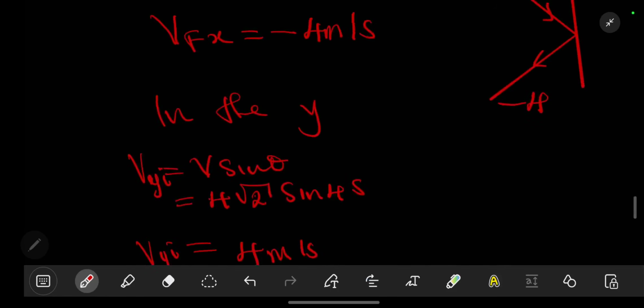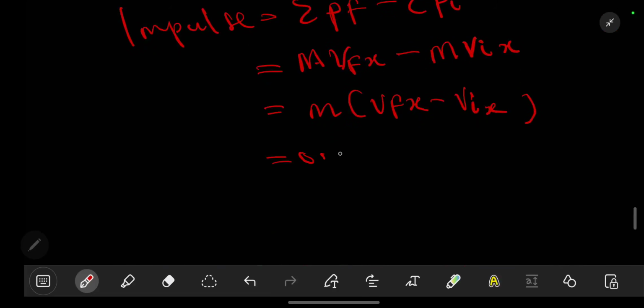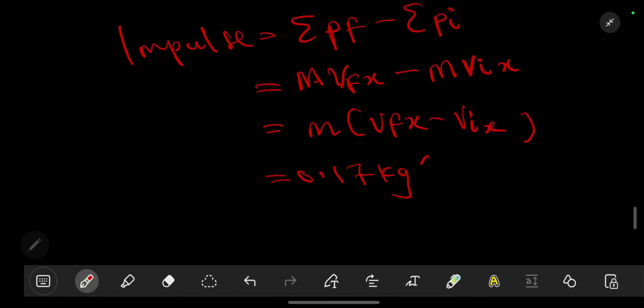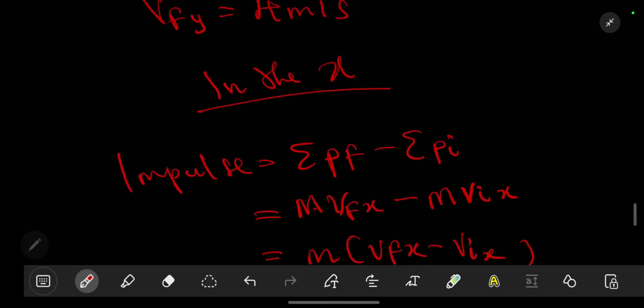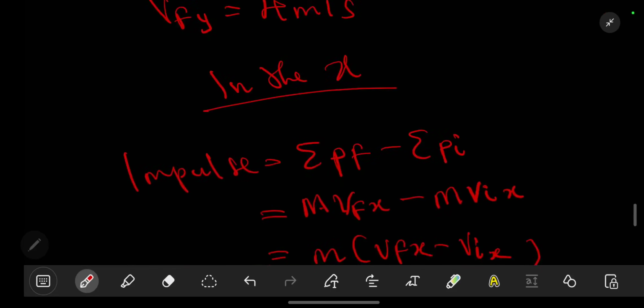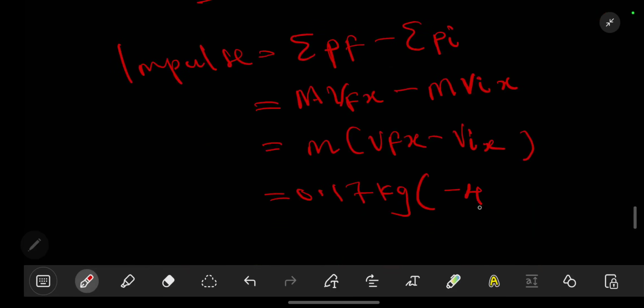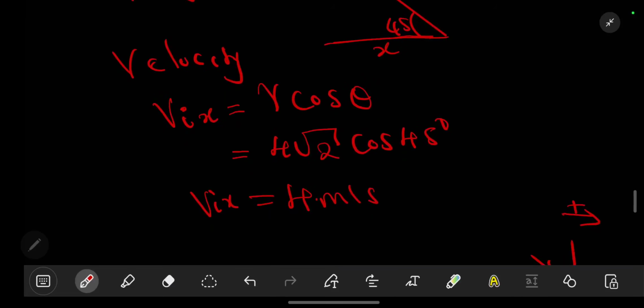Our mass, we have already converted it to be 0.17 kg, times the final velocity in the x direction, which, remember, is -4. So we have -4 meters per second minus the initial velocity in the x, which was 4.